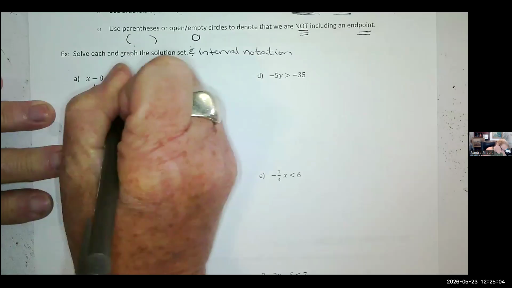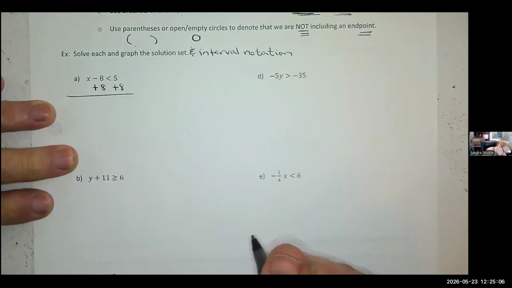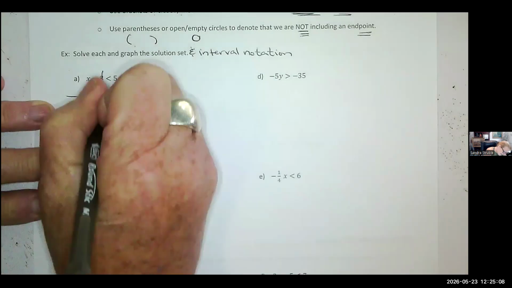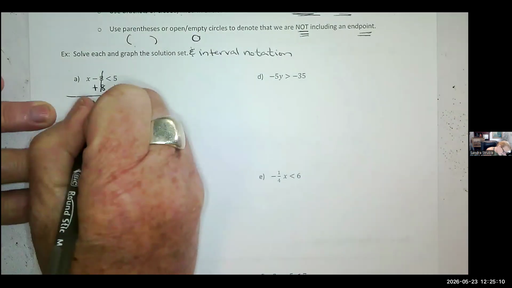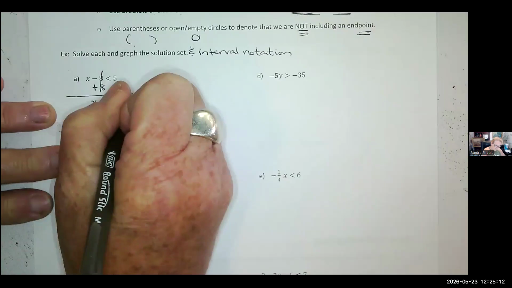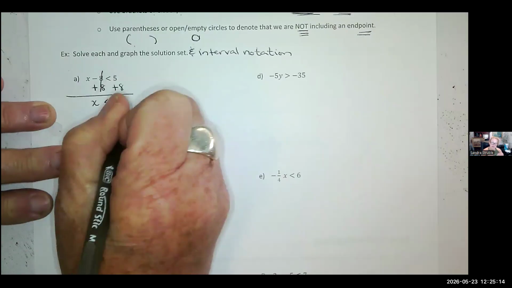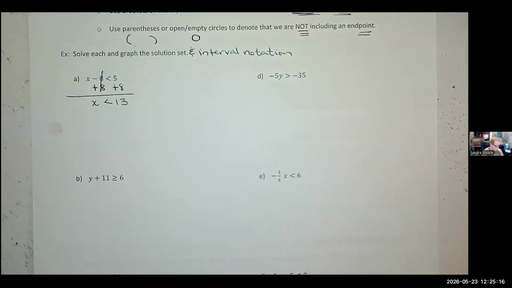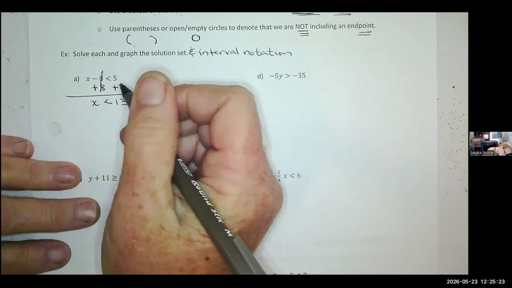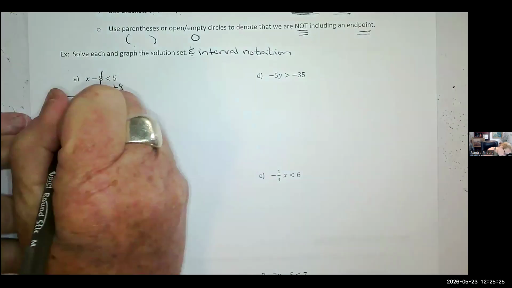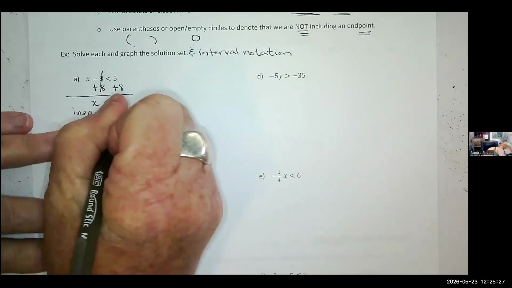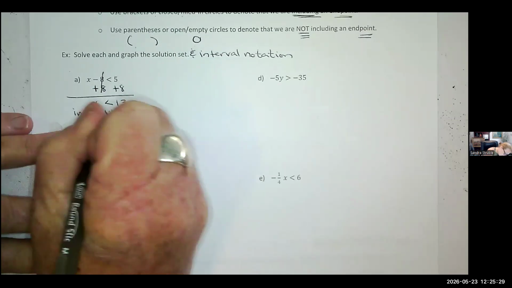The 8's are gone and we're left with x is less than 5 plus 8, which is 13. That is solved. This is proper for an inequality, and it is called inequality notation.